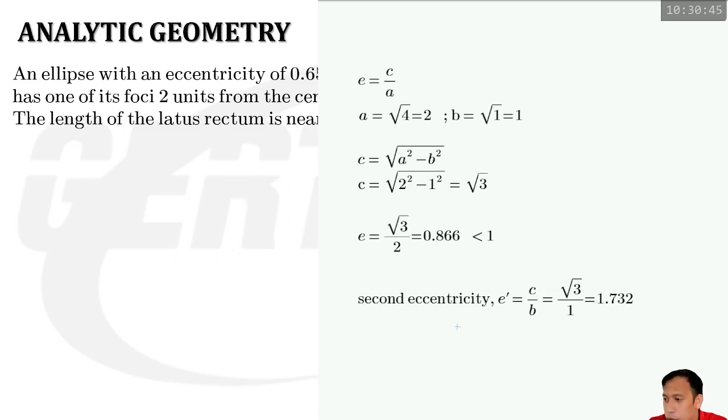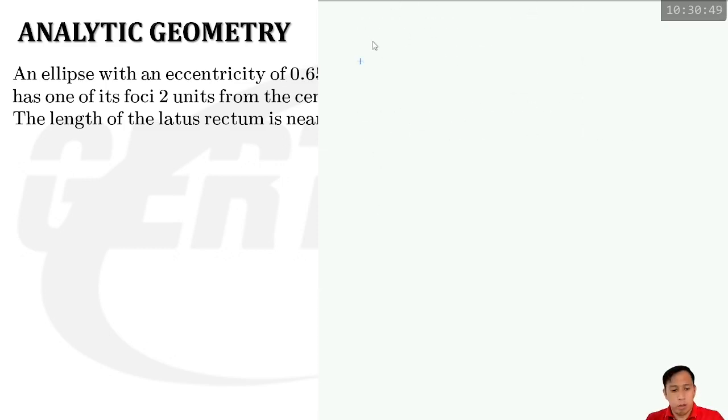So, paano ito? Well, the given is E equal to 0.65, no? And ano yung one of its foci 2 units from the center? That is simply the C. C is equal to 2 in this case.